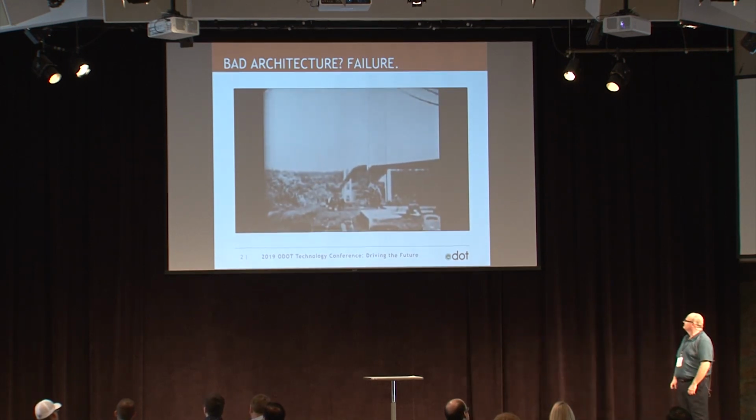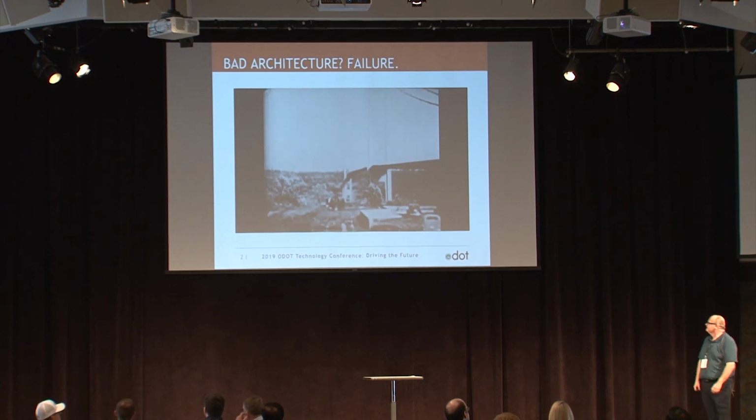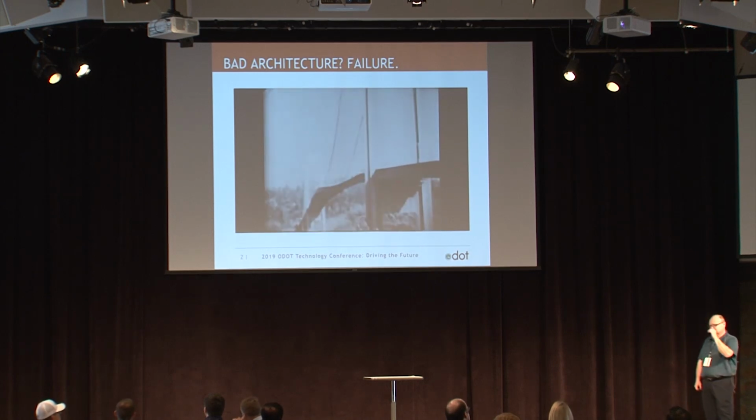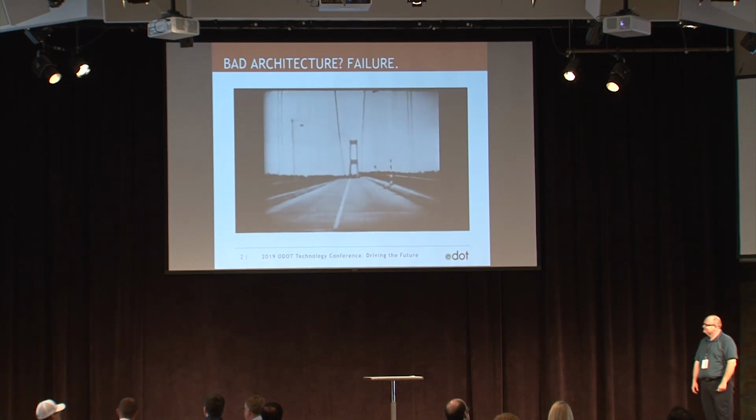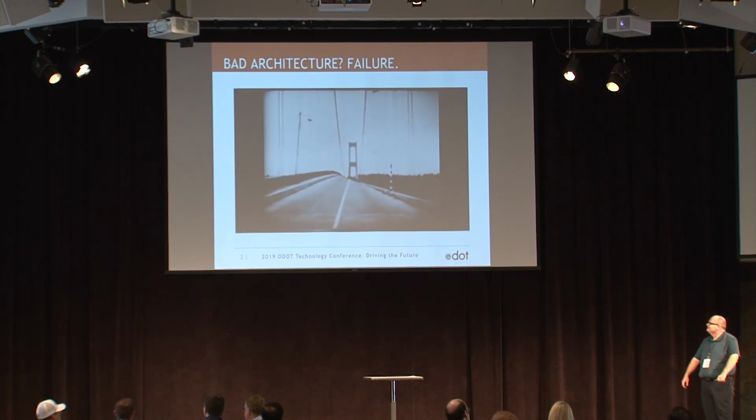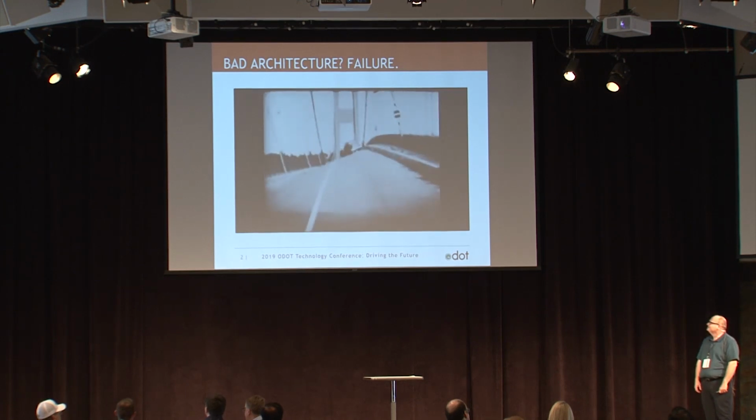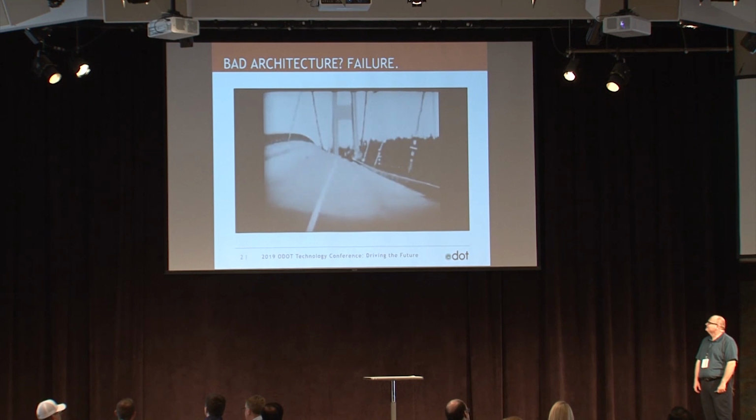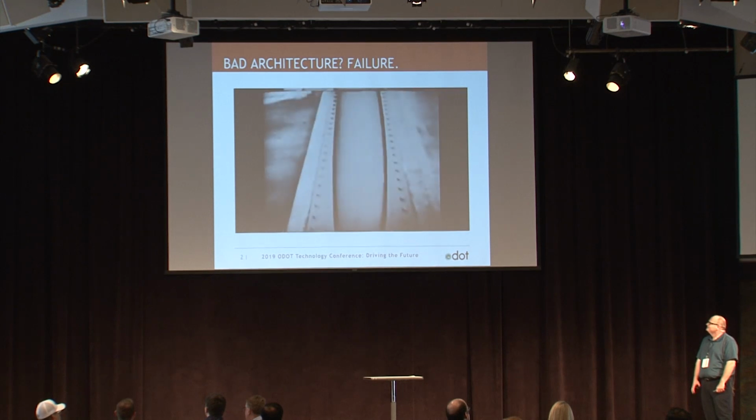Of a fatal day, and the wind begins to speak with a roar that no man can fail to hear. In a 40-mile-an-hour gale, the center span weaves like a ribbon in a swinging twist that you wouldn't believe possible unless you could see it as you do now. There's an automobile caught on the heaving roadway. The 11,000-ton center span twists and strains the giant cables that support it.